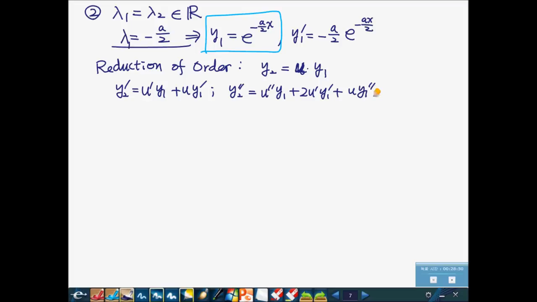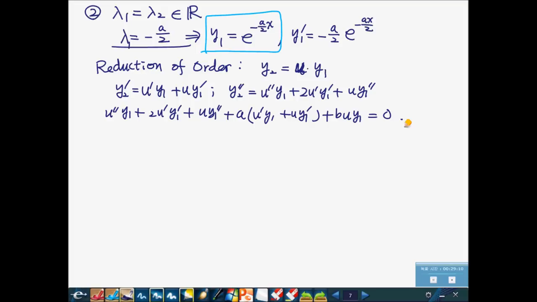And we plug it into the equation: u double prime y1 plus 2u prime y1 prime plus u y1 double prime, plus a times y prime, so u prime y1 plus u y1 prime, plus b times u y1. You remember?